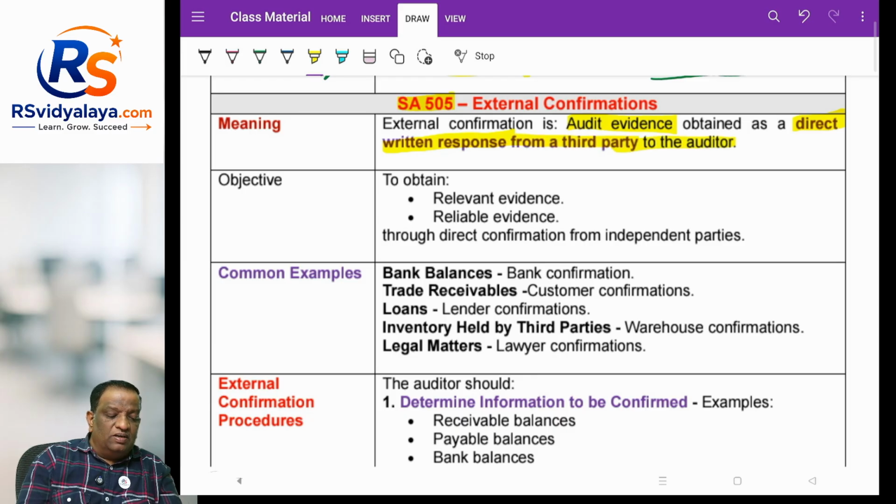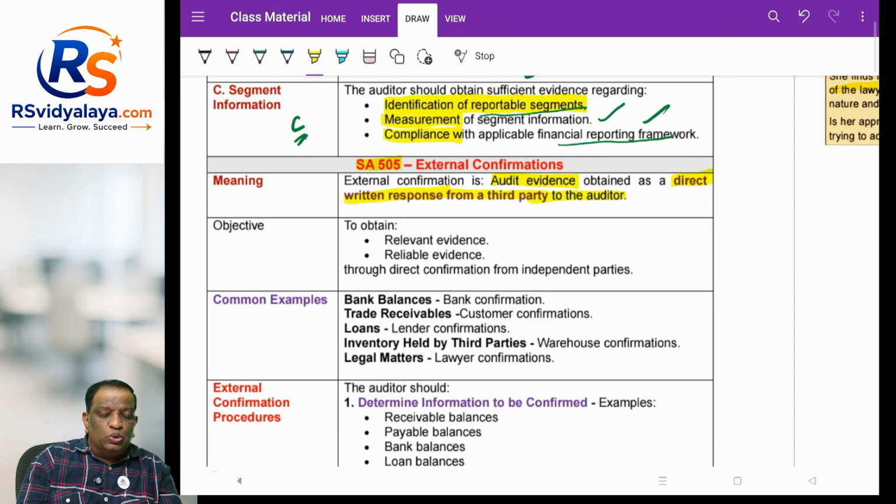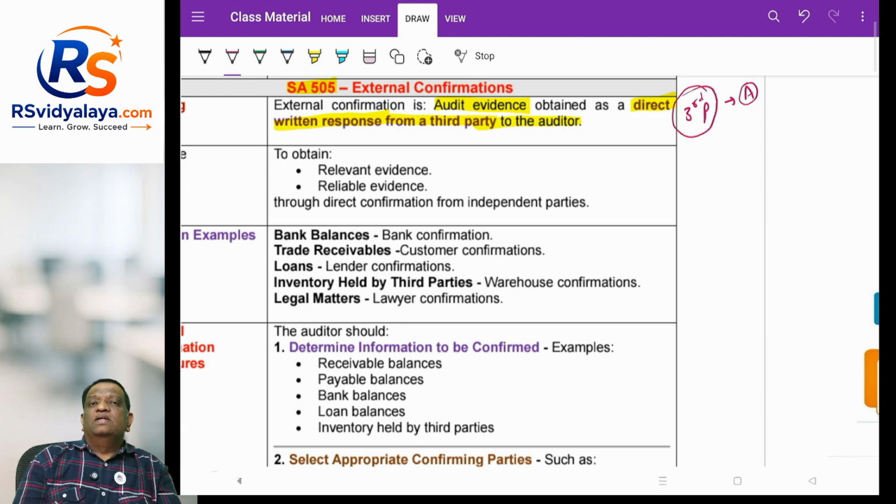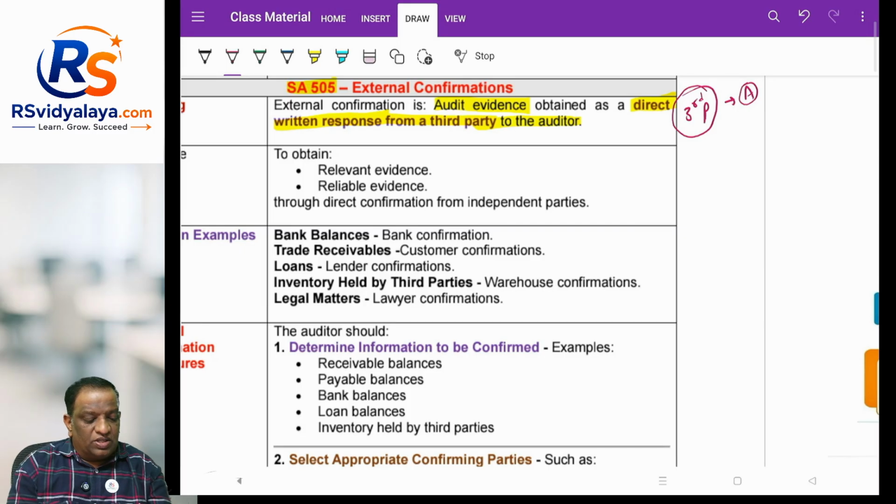To cut it short, who is responding to whom? The third party is responding to the auditor. That is what we call an external confirmation, obtained directly as a written response from the third party to the auditor.